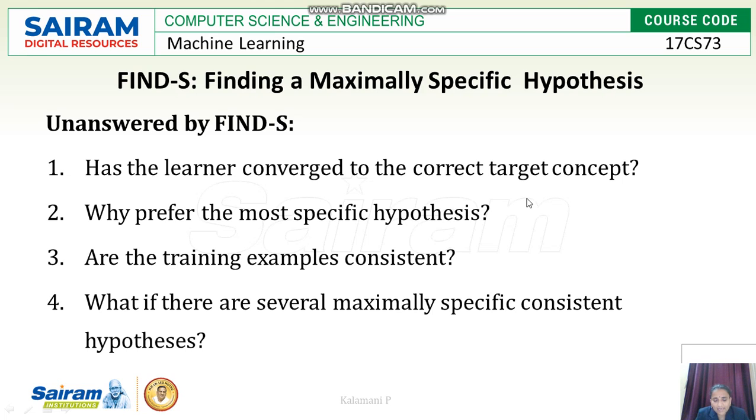We have to consider the negative ones too, and then only can we get a good result; both should be considered. So that's all about the Find-S algorithm. The main drawback is that only positive training examples are considered, no negative ones. This issue will be solved by the candidate elimination algorithm, which we will see in the next class.